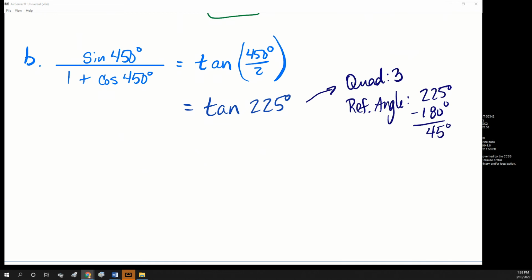All right, so our reference angle is 45 degrees, which is the middle finger. And whenever we're doing the tangent, it's the square root of the bottom fingers, which is 2, over the square root of the top fingers, which is also 2. So the square root of 2 over the square root of 2 is 1. And in quadrant 3, tangent is positive, so it's positive 1. All right.